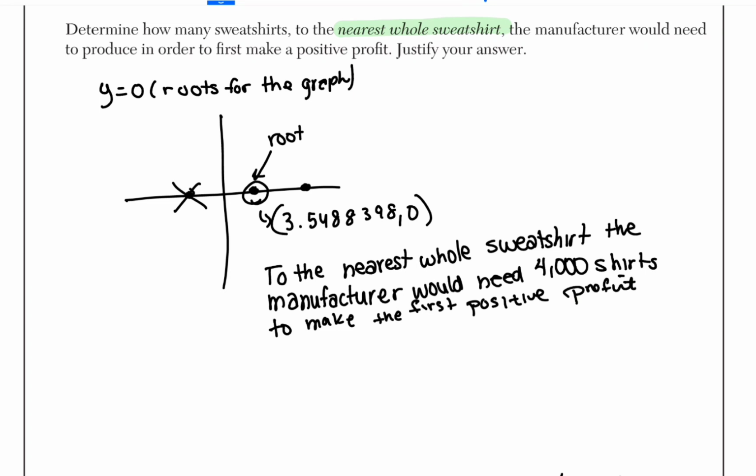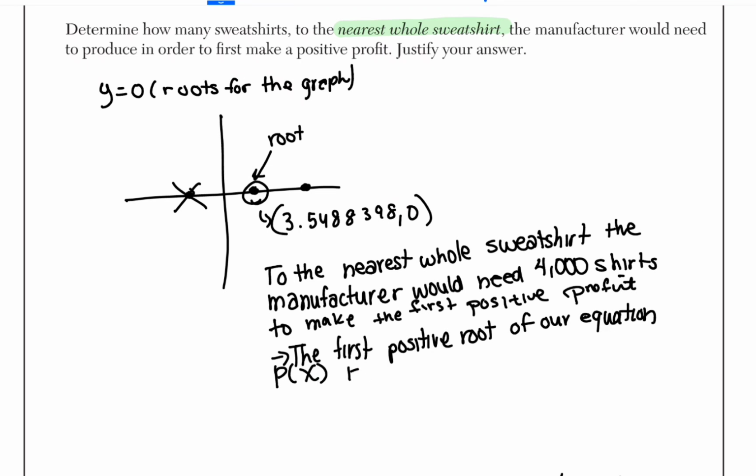so the manufacturer would need 4,000 shirts to make the first positive profit. Because, here's our justification. Why we said this? Because the first positive root of our equation, P of x, is at 3.5488398.